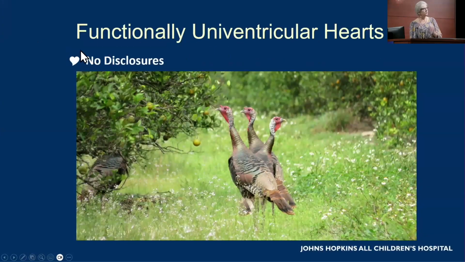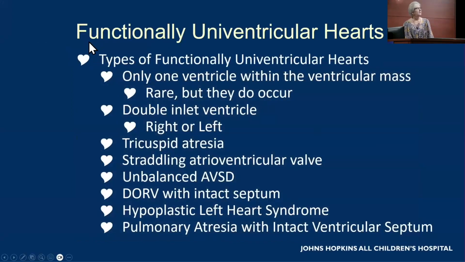So I have no disclosures. Today we're going to talk about the functionally univentricular heart, and these terms in the past have been quite controversial, both for the clinician and for the morphologist or pathologist.